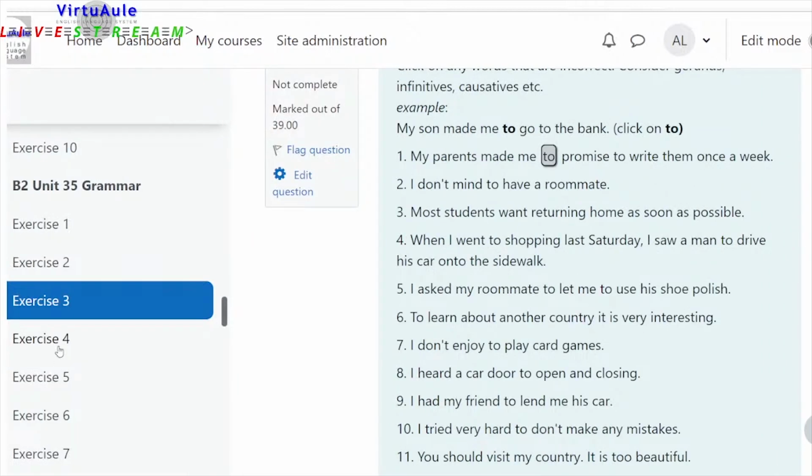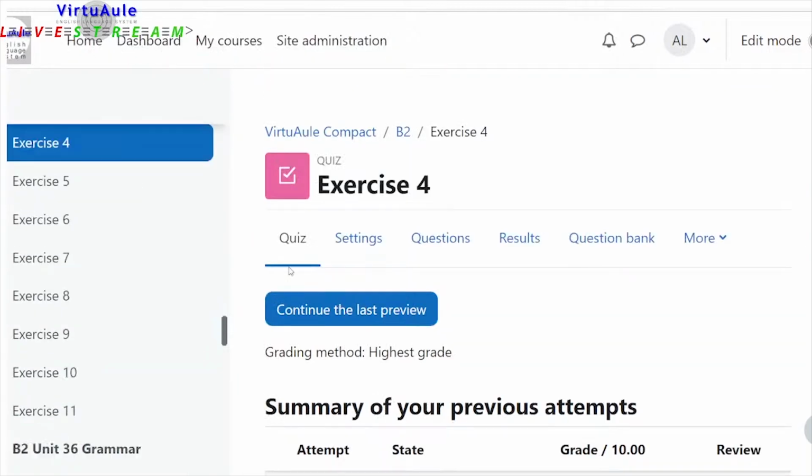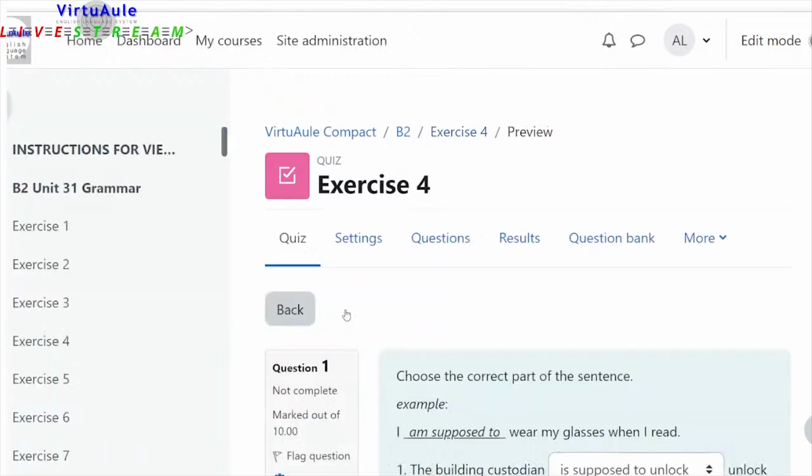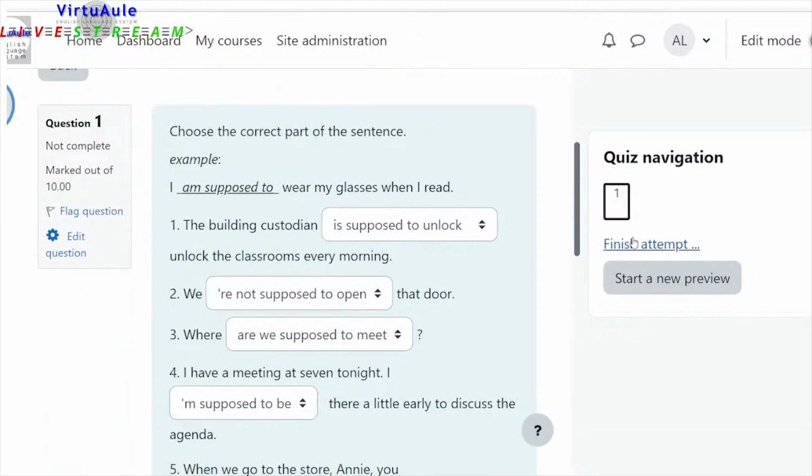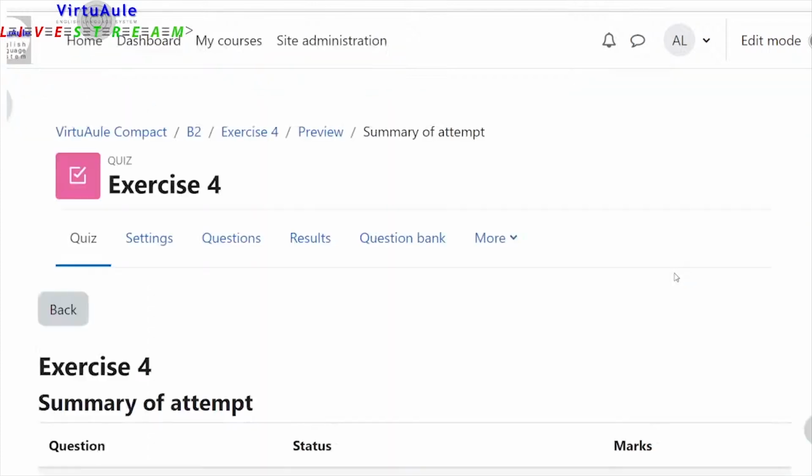Number 4 here, exercise 4. This exercise, we will finish this and start a new one, sorry.